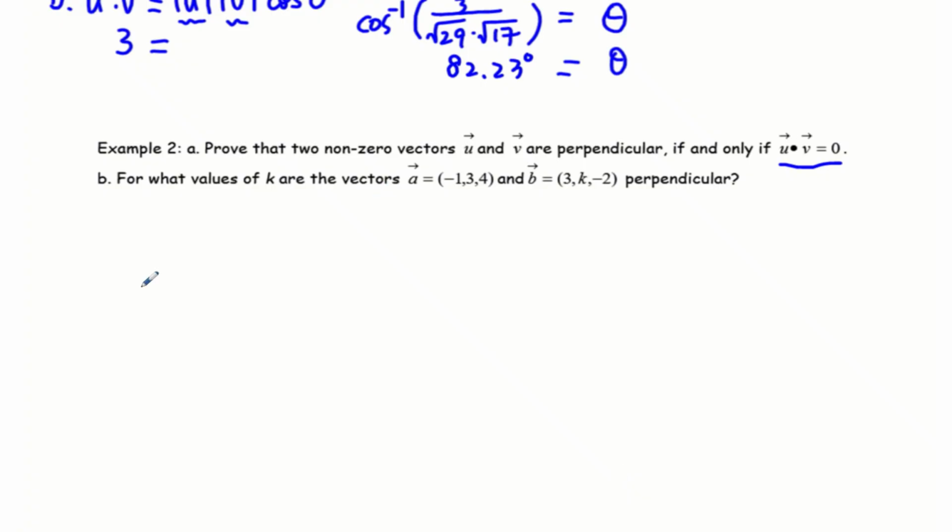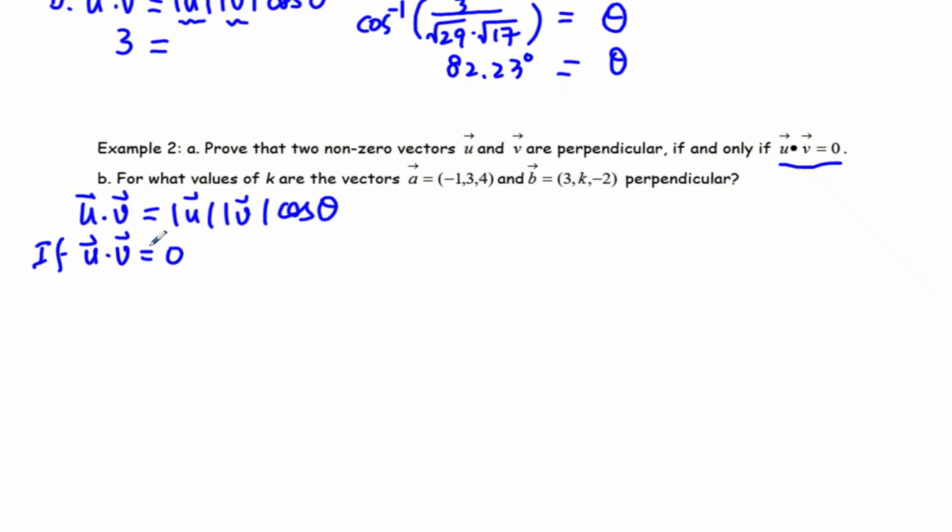So we know that u dot v equals magnitude u times magnitude v times cosine theta. So if u dot v equals 0, we need to prove this equals 0, then perpendicular, and this perpendicular equals 0.